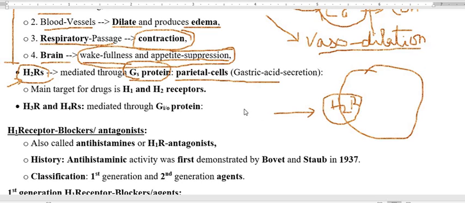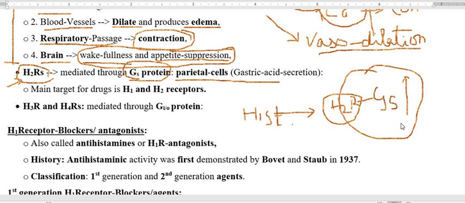So once this histamine 2 receptor gets activated, what will happen? Through the Gs protein, which is also activated, it stimulates an enzyme, we call it adenyl cyclase.